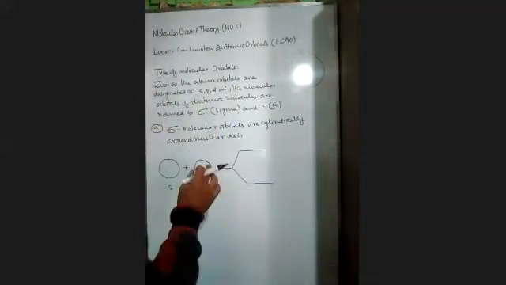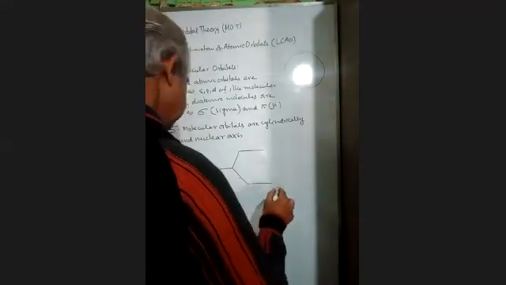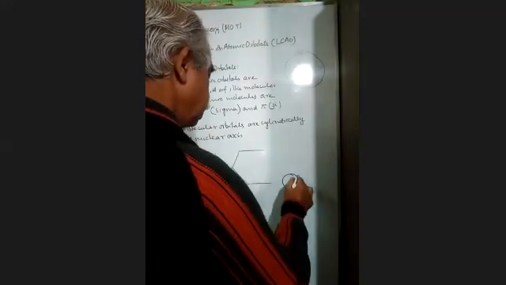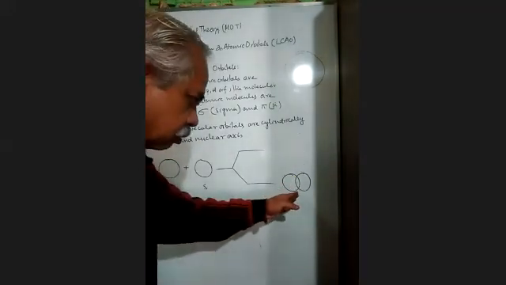Two orbitals, two molecular orbitals. One will be bonding, another anti-bonding. This is the valence bond theory. So in molecular orbital, how will it look?